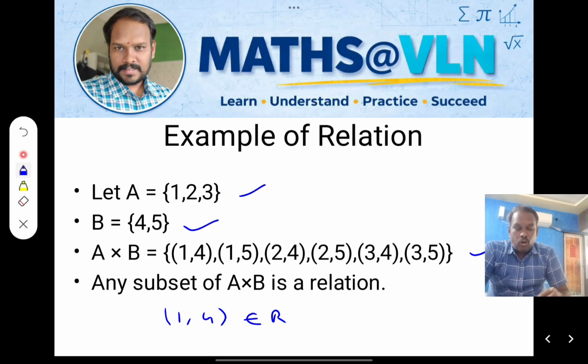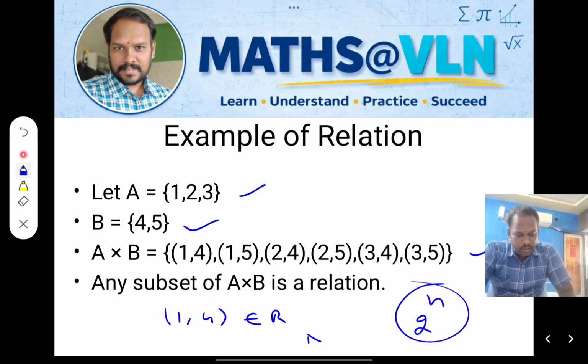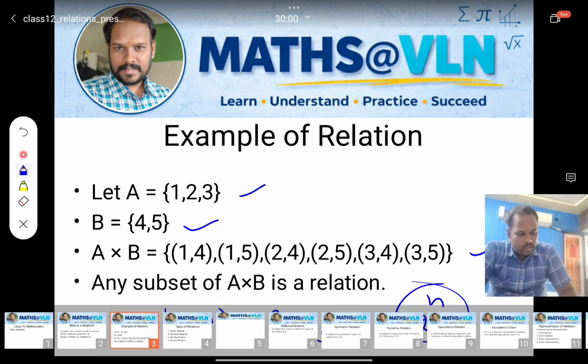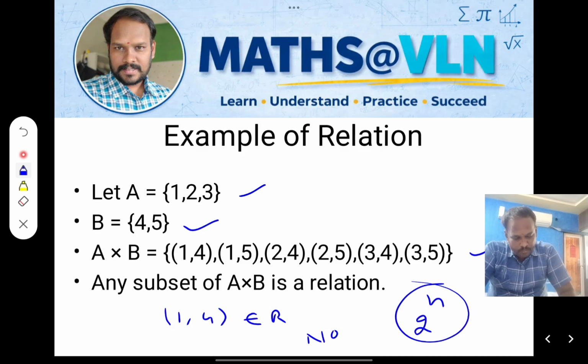And now, how many possible relations are there for this? It means the number of possible subsets of A cross B. We can use the formula 2 power n for the number of subsets. What is n?